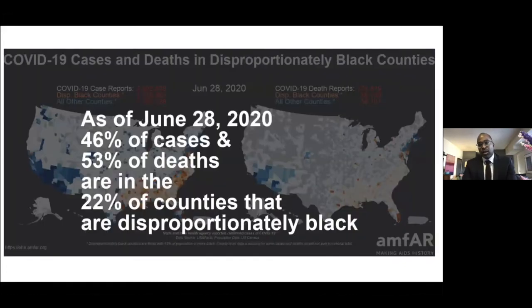And here's a summary coming up. As of June 28th, 46% of cases and 53% of deaths are in the 22% of counties that are disproportionately African American. This is when I created the presentation, and the website is definitely up to date and available for July 1st as well.